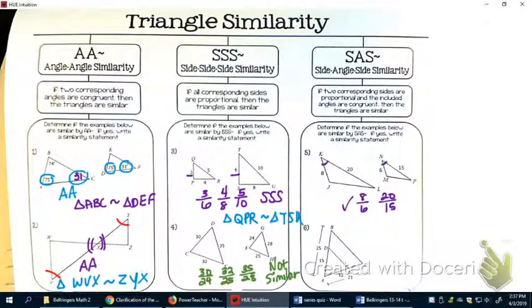So it's the side, then the angle, then the side. So a proportional side, an angle that's congruent, and then another proportional side. So side, angle, side proves that those two are similar. And we would write our triangle, what's going to be similar to KJL. Good.